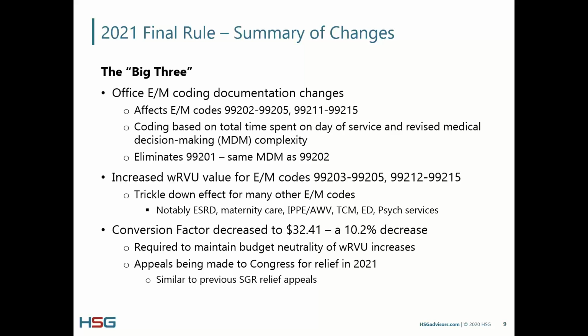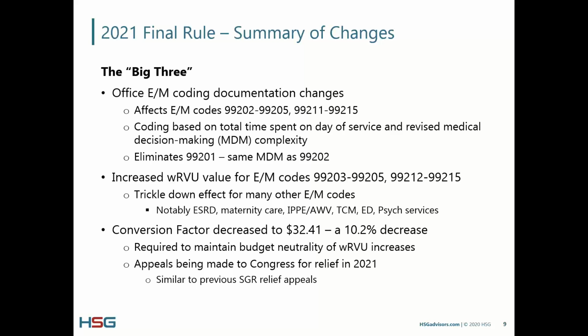With the change in documentation going to total time the provider spent on the day of service, or revised medical decision-making complexity in determining the code assigned, that essentially eliminated code 99201, because the differentiator in the past on the 1995 and 1997 criteria between 99201 and 99202 did not relate to medical decision-making. It related to the number of systems reviewed or the number of systems examined type of thing.